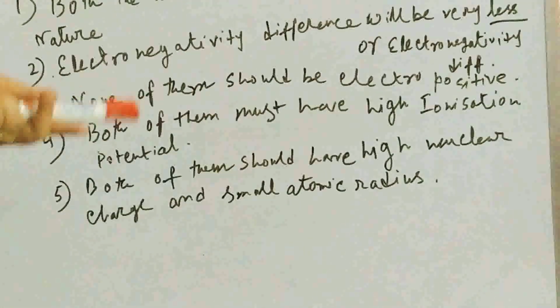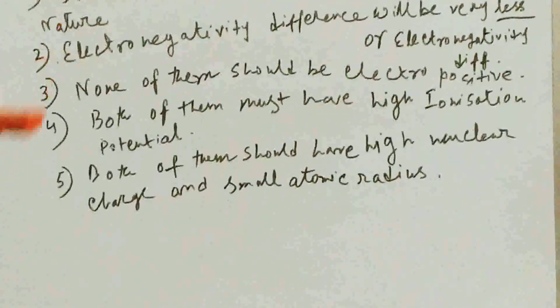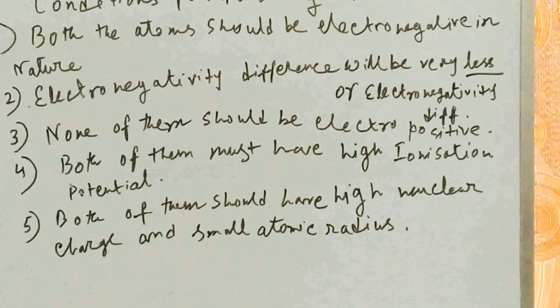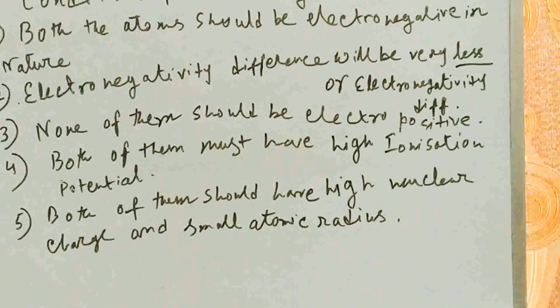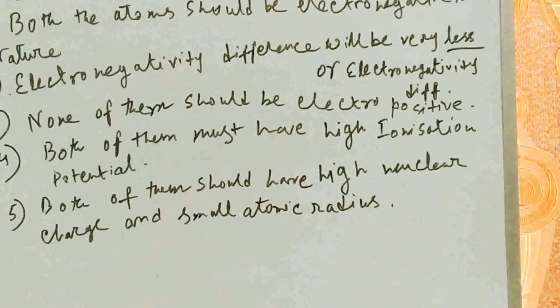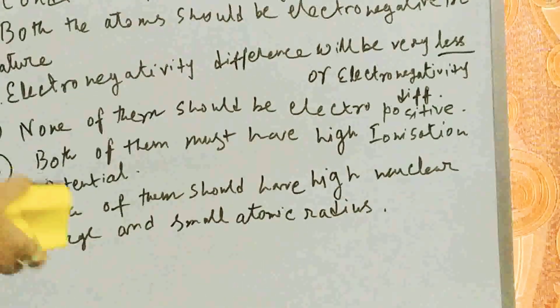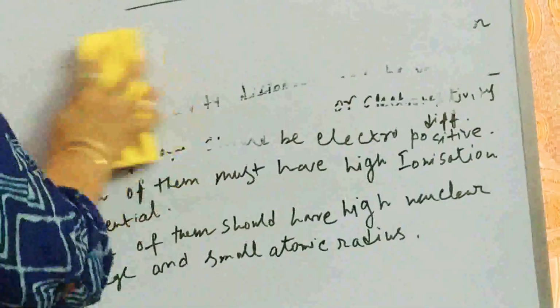When they have high nuclear charge, they will attract the electrons in their shells tightly towards the center of the atom. So these are the conditions for formation of covalent bonds. Now I will show you some examples of covalent bond formation in different molecules.